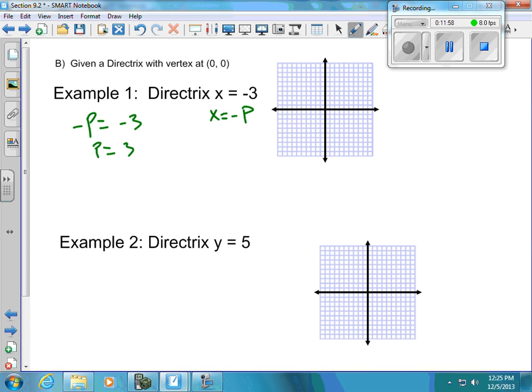If it's an x equals directrix, this indicates a sideways or horizontal parabola. So it's y squared equals 4px. Put positive 3 in for p, and we end up getting y squared equals 4 times 3x, or y squared equals 12x.